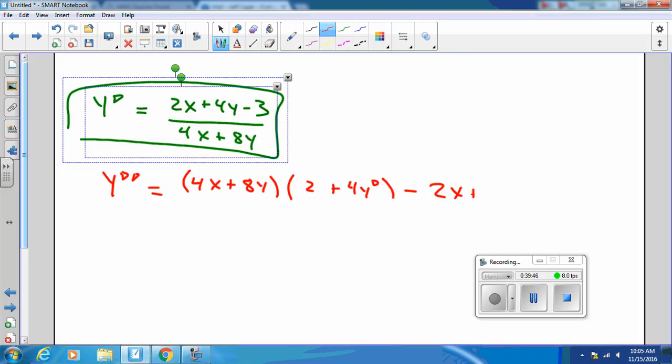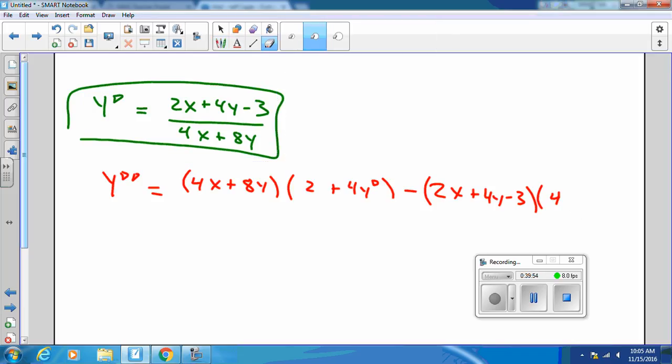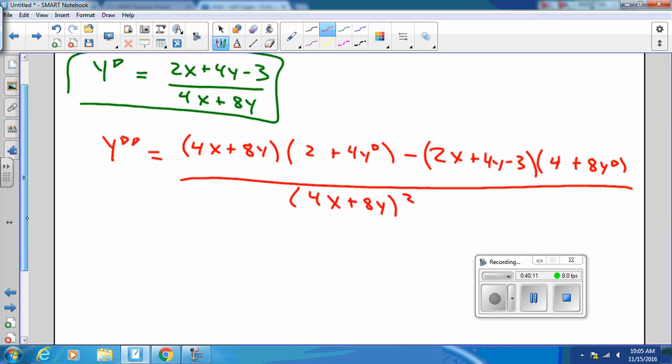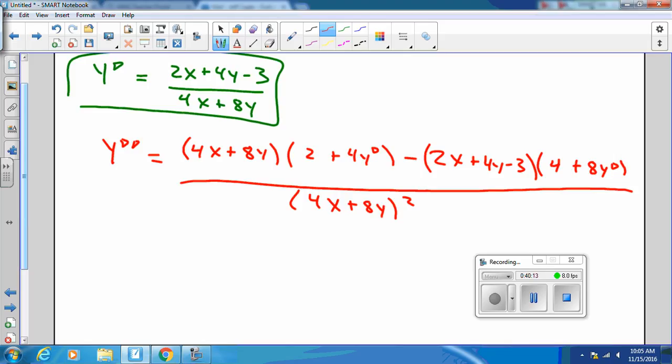A bit of a pain in the neck. The derivative of this would be 2 plus 4y prime, minus, and so on, plus 8y. At first, we look at this and go, oh, this is going to be horrible.